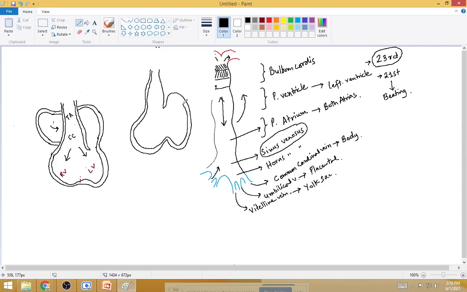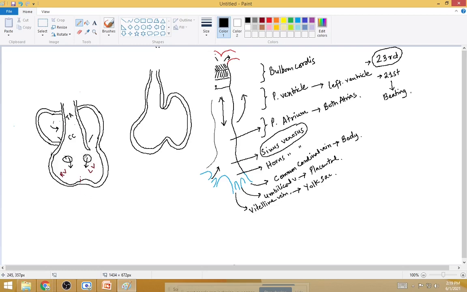Okay, and initially this was the communication, but now the atria also communicate with the individual ventricles separately. So this is the communication from the right atria, this is the communication from the left atria.